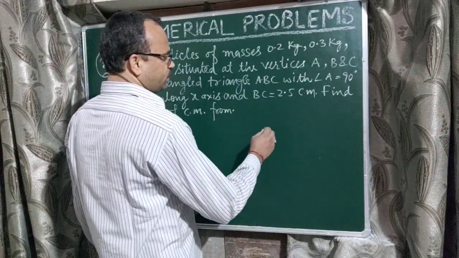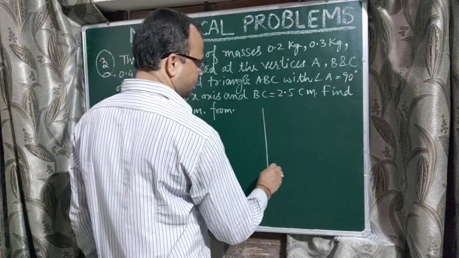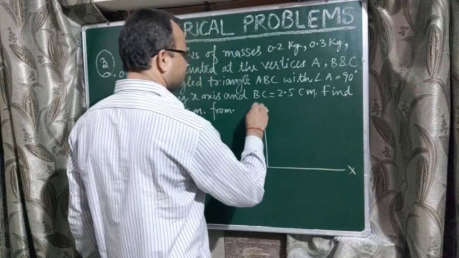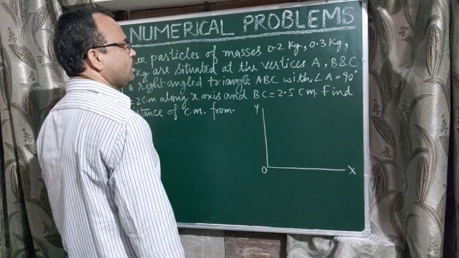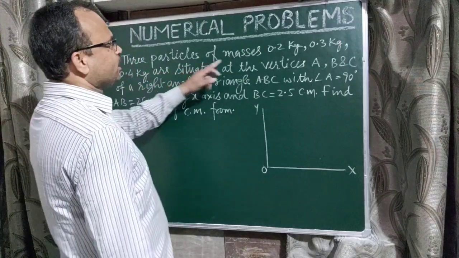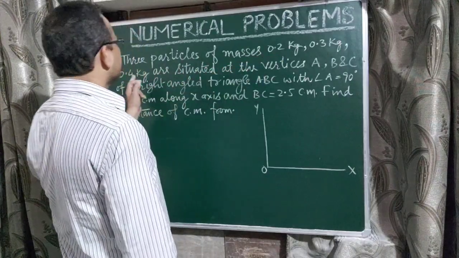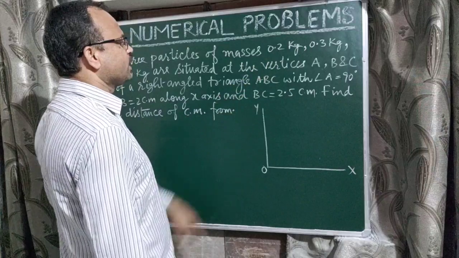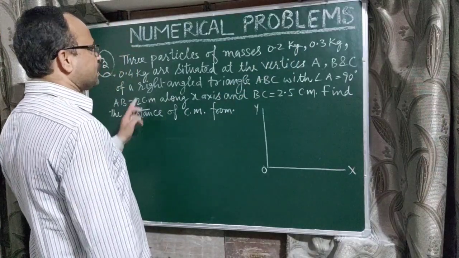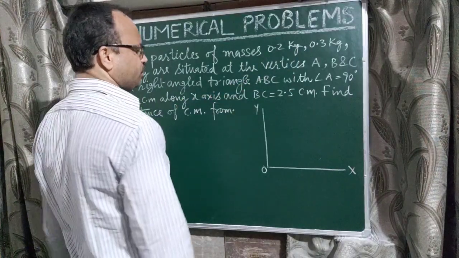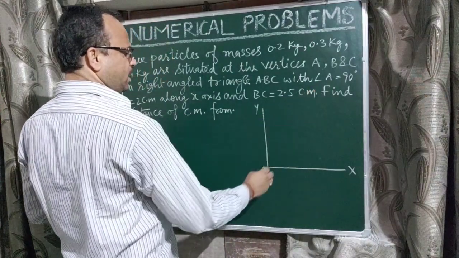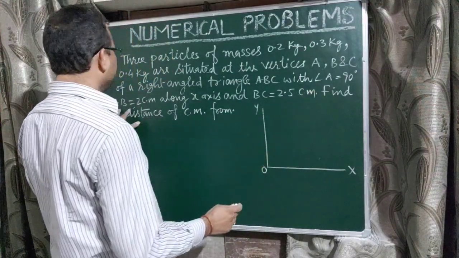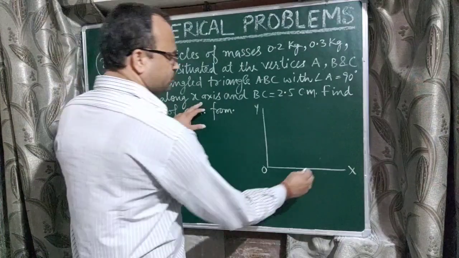So now let us draw the figure. This is the xy plane and this one is the origin. Three particles of masses 0.2, 0.3, 0.4 are situated at the vertices of the right angle triangle ABC. Angle A is 90 degrees, and AB equals 2 centimeter along the x-axis.